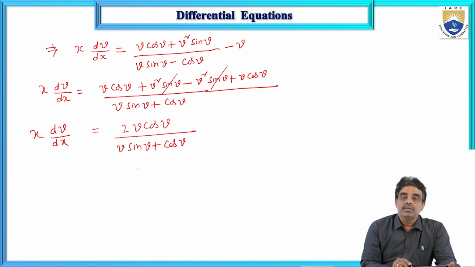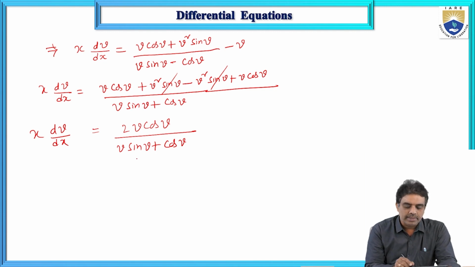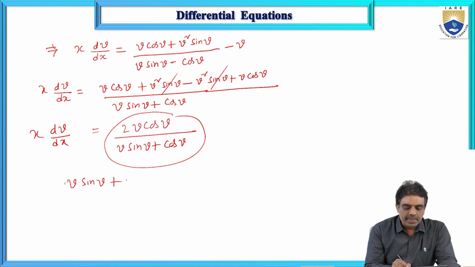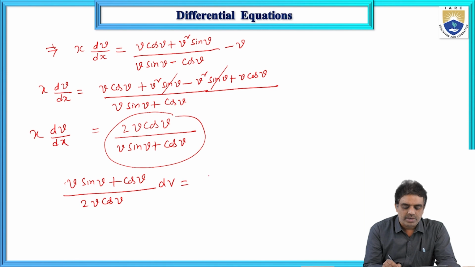Now you can separate the variables. How can I separate the variables? The right side is a v term, and here there is an x term and dx only. So on separating the variables, I can write v sin v plus cos v by 2v cos v dv is equal to dx by x.